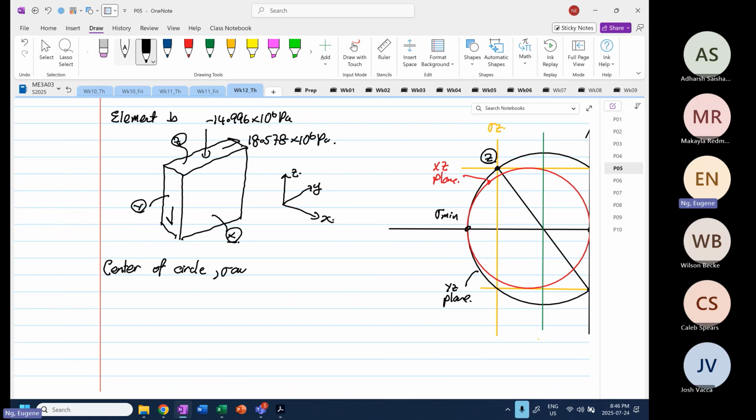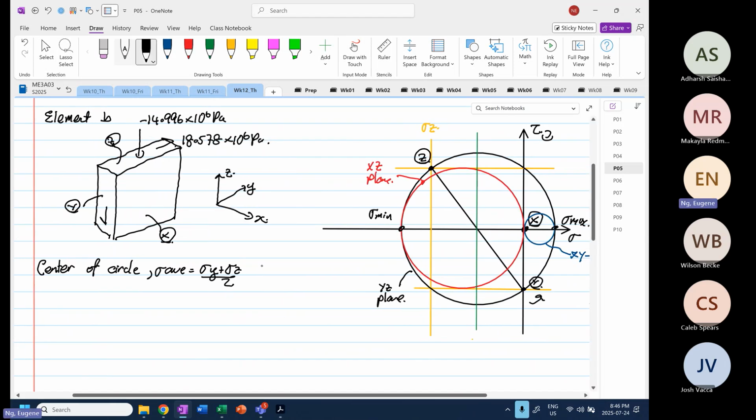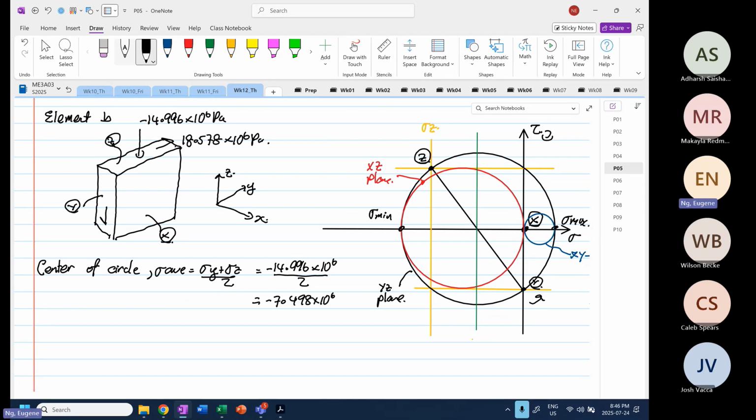So our stress average will be equal to stress Y plus stress Z divided by 2. So this will be equal to minus 14.996 times 10 to the power 6 divided by 2, which is equal to minus 7.498 times 10 to the power 6 Pascal.